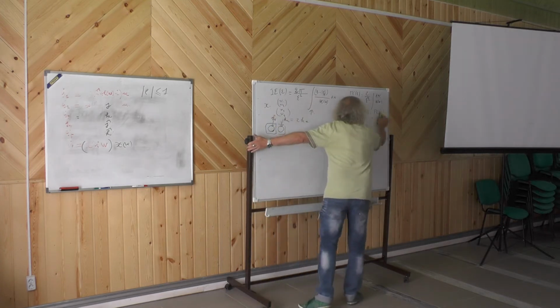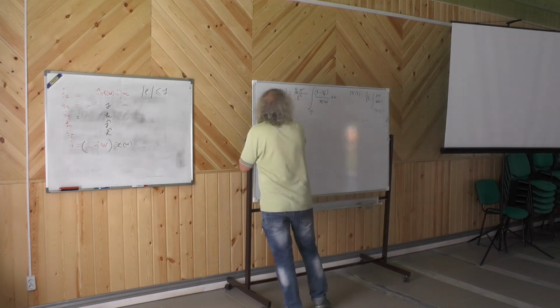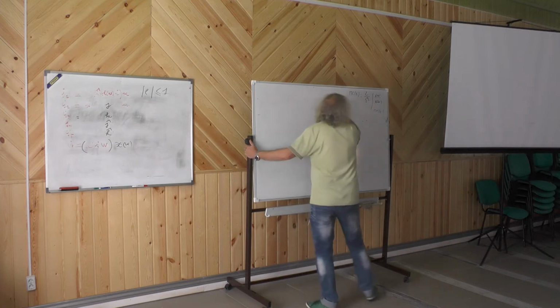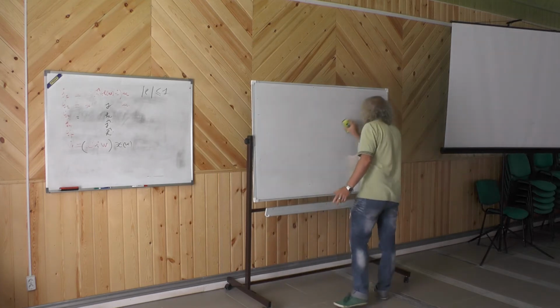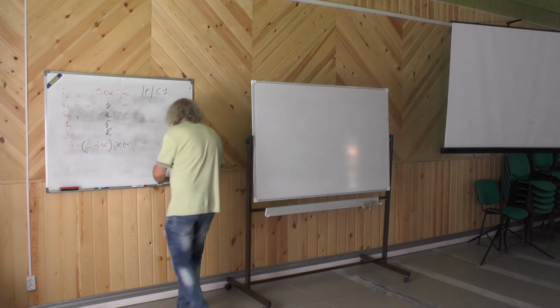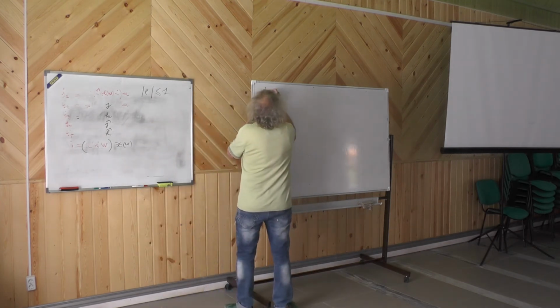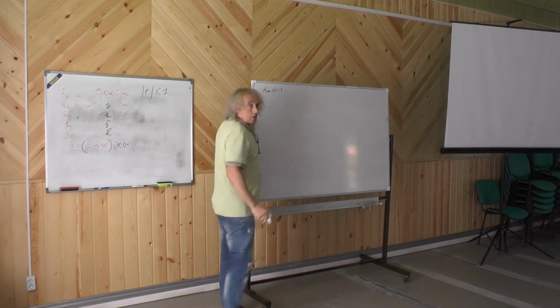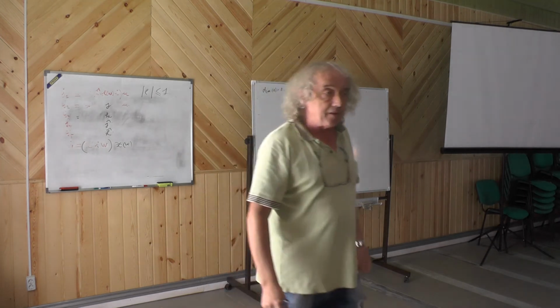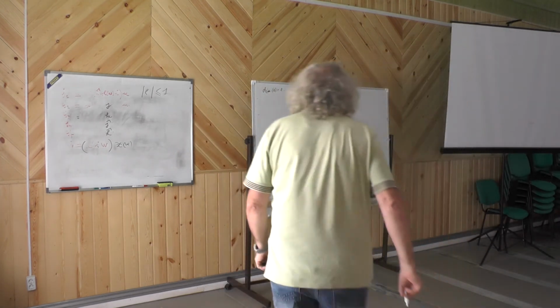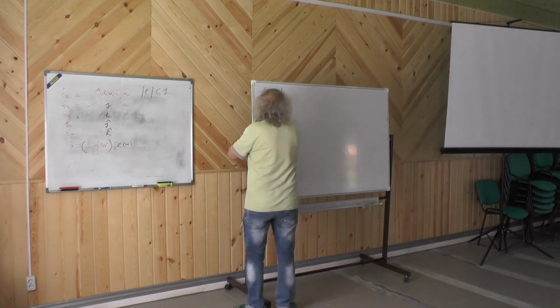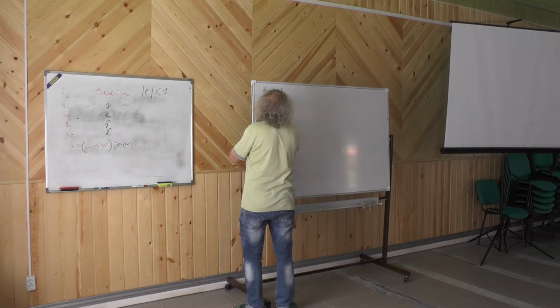What I want to do now, in the remaining of my time, is to explain quickly the case of rank 2 distribution. We know already a lot about that. We know the case 2, 3, we know the case 2, 3, 4, and we know the case 2, 3, 5.